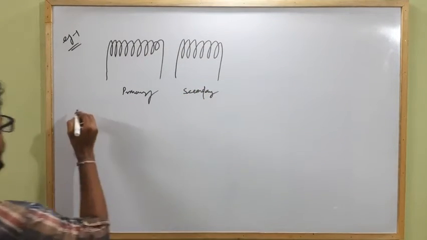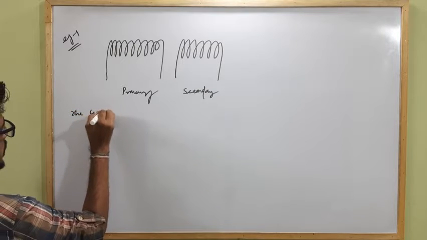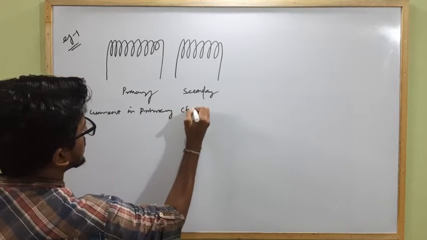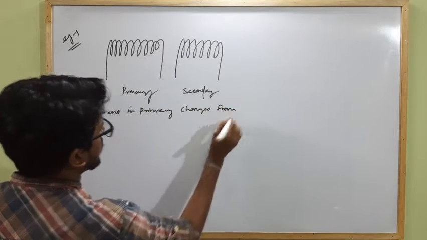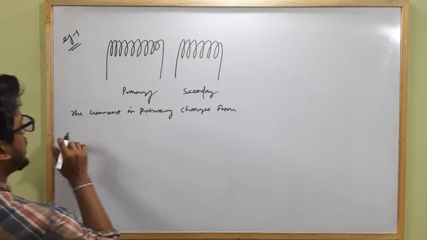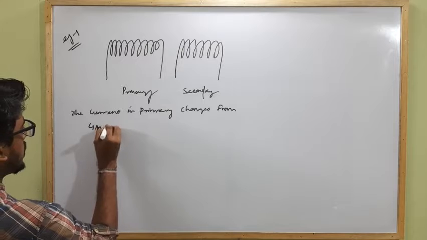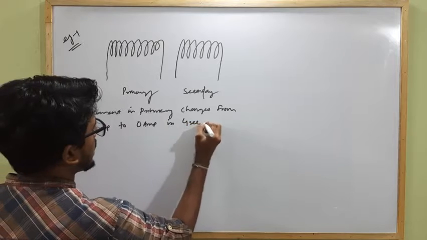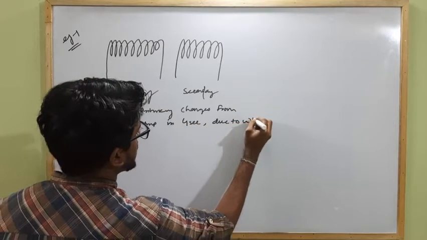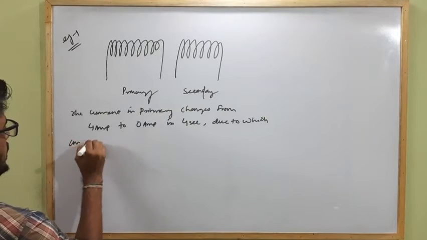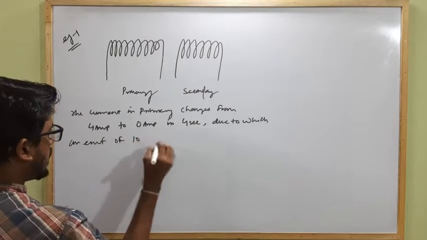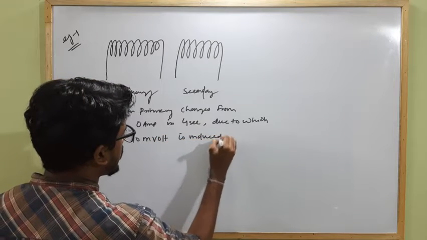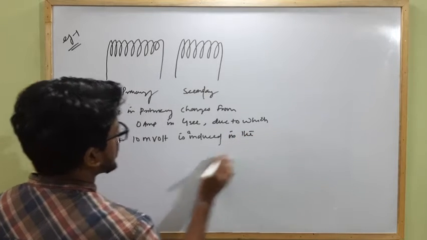Okay, the current in primary changes from 4 ampere to 0 ampere in 4 seconds, due to which an EMF of 10 millivolt is induced in the secondary coil.